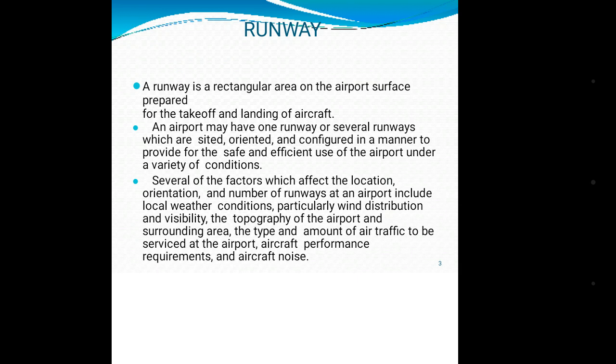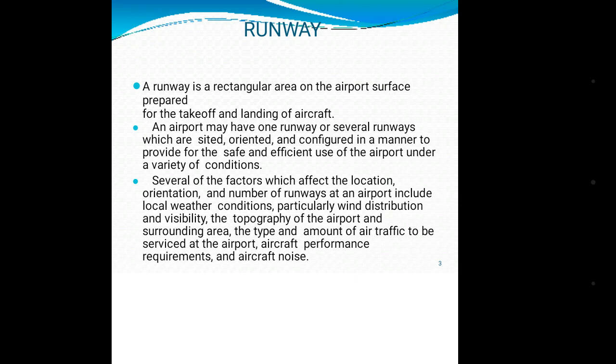What are the several factors which affect the location, orientation and the number of runways at an airport? They include the local weather conditions, so whatever the temperature or the local conditions will affect the site for the runways, then orientation of the runway, particularly wind distribution and visibility, topography of the airport, the surrounding area, the type and amount of air traffic to be serviced at the airport, aircraft performance requirements and aircraft noise.